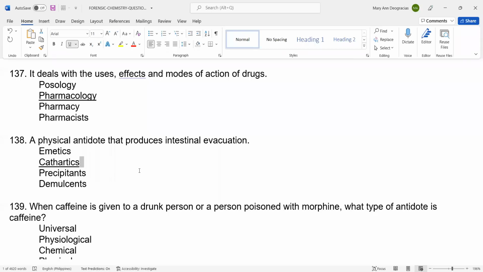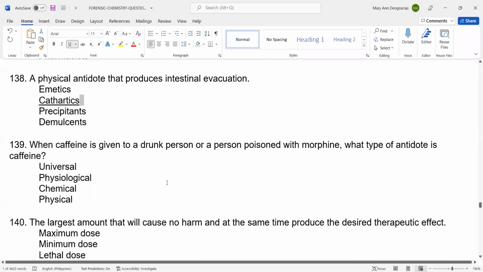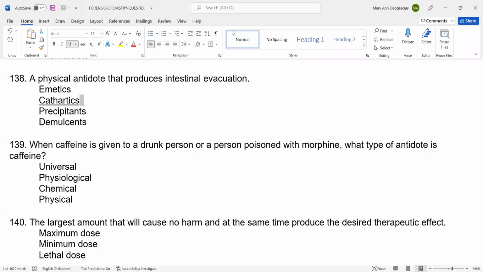Okay. 139. When caffeine is given to a drunk person or a person is poisoned with morphine, what type of antidote is caffeine? Okay, is it universal? B, physiological? C, chemical or physical? Okay, our answer is chemical.